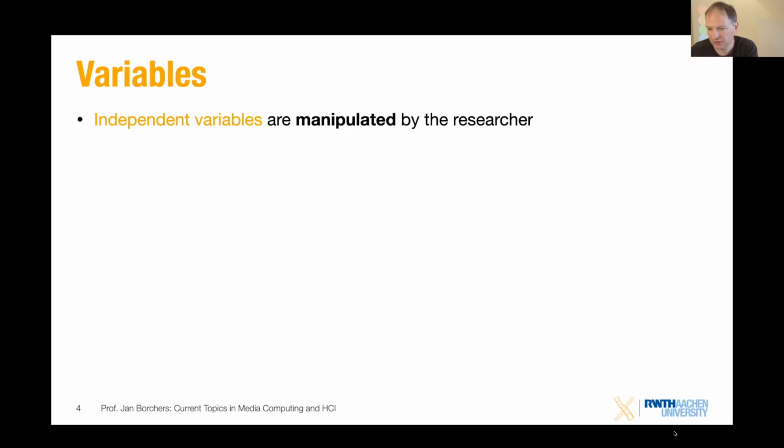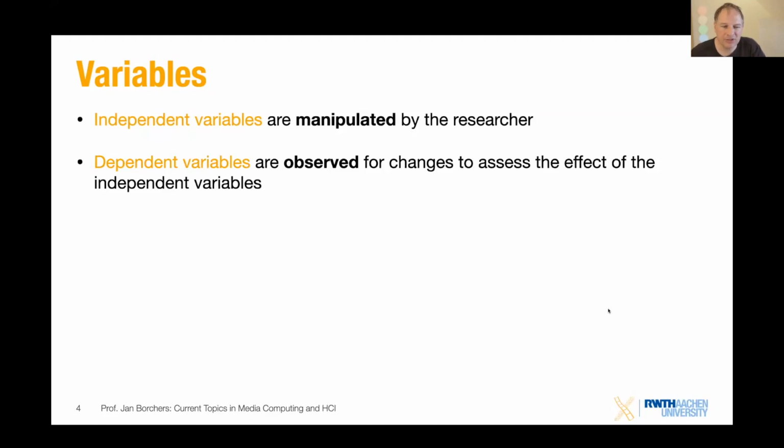Like it could be two different conditions that you are testing in your experiment, right? The dependent variables are the ones that you measure, that you observe, that you take a look at. And so they are dependent, at least that's what you think you are showing, on the independent variables, okay? So those names are a little bit confusing. Make sure you don't mix those up.